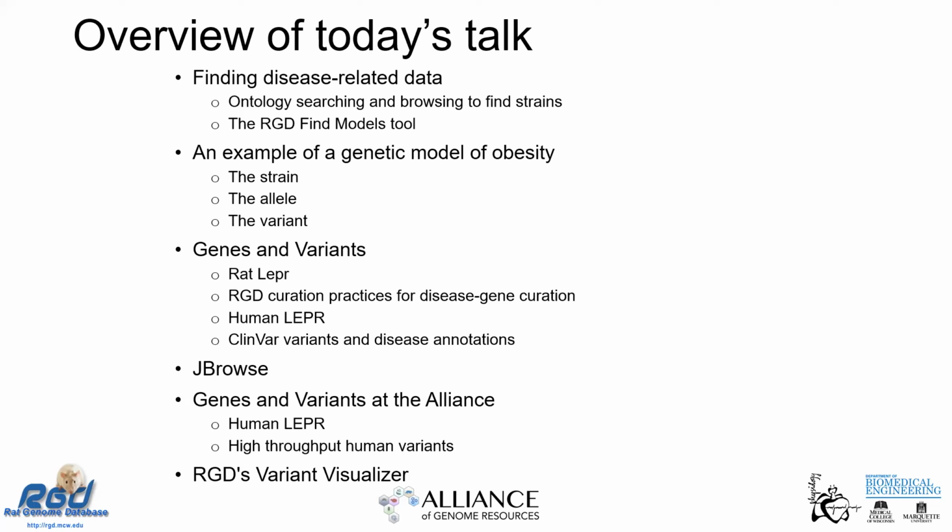We'll take a very, very brief look at JBrowse, basically just touch on that. And then we'll look at genes and variants at the Alliance. So human Lepr, and then the high volume human variants that have been imported there, and also the rat variants that are there. And then I'm going to talk very briefly about RGD's variant visualizer.